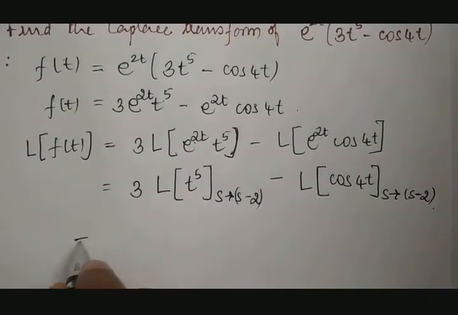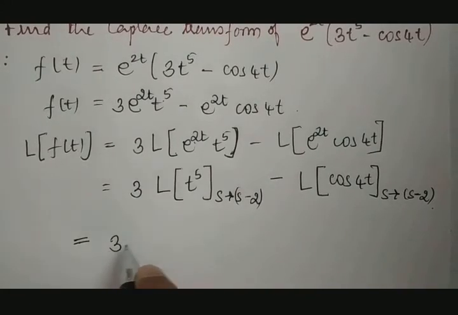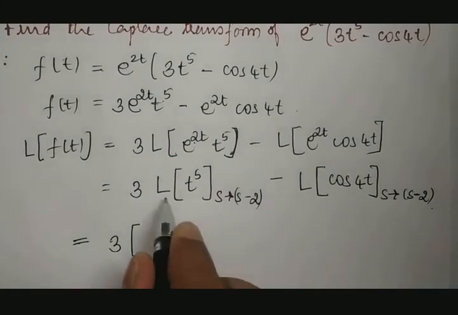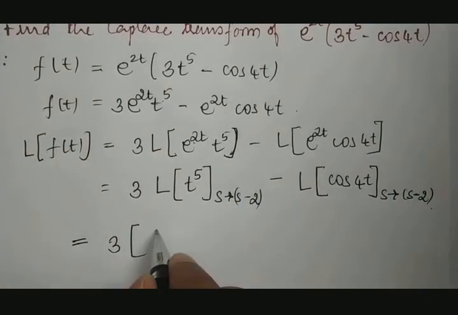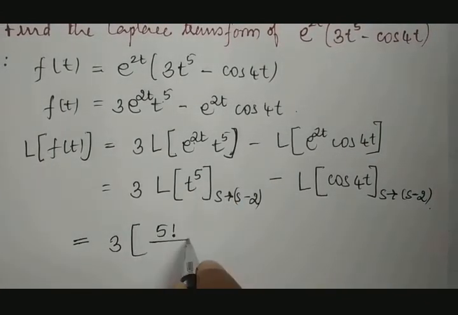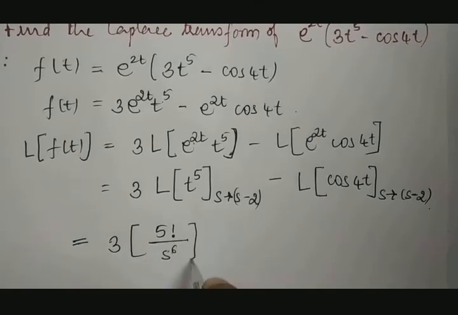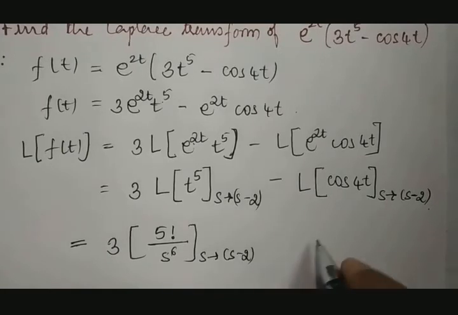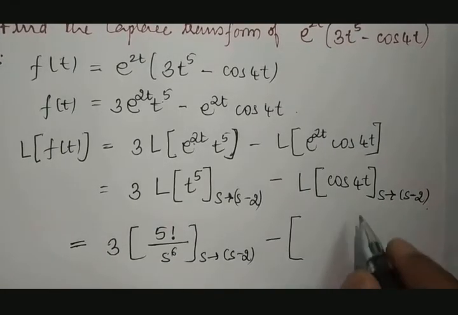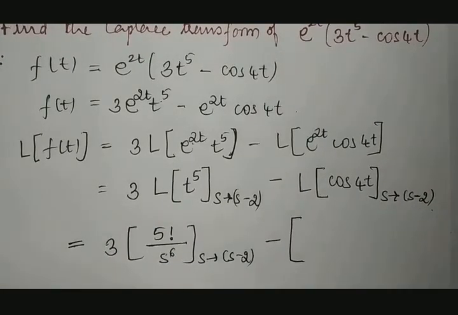So this is equal to 3 times, what is the Laplace transformation of t raised to 5? The Laplace transform of t raised to 5 is 5 factorial divided by s raised to 6, where s is going to be replaced by s minus 2, minus what is the Laplace transformation of cos 4t?